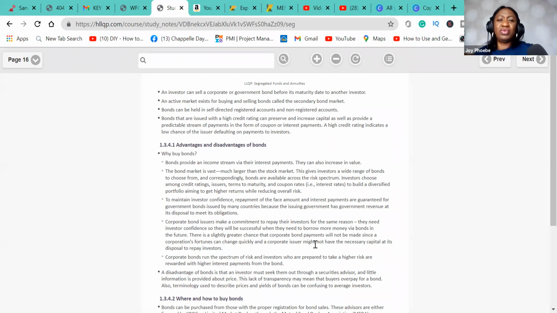So they wouldn't want to lose the public confidence, because any company that fails to pay their investors, then subsequently when they come to the market to issue bonds, nobody will even want to touch it with the longest pole. So that's why corporations always stand by their promises when it comes to issuing bonds and payments to their investors. Okay.